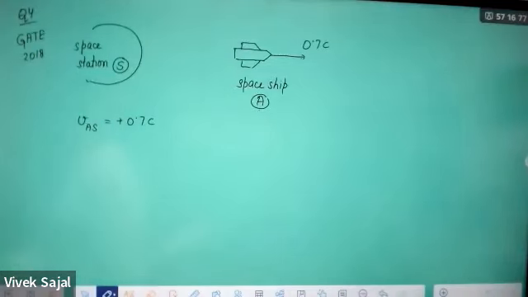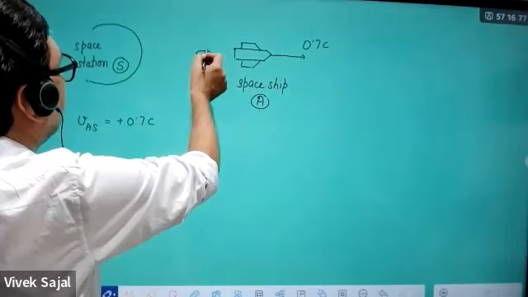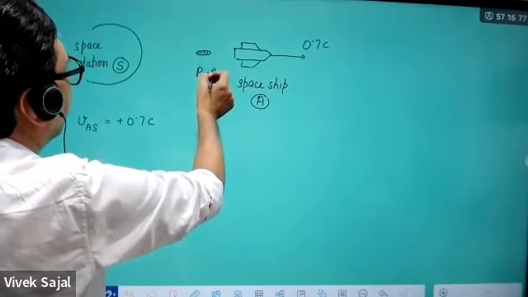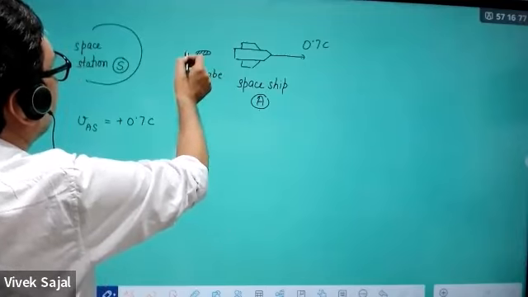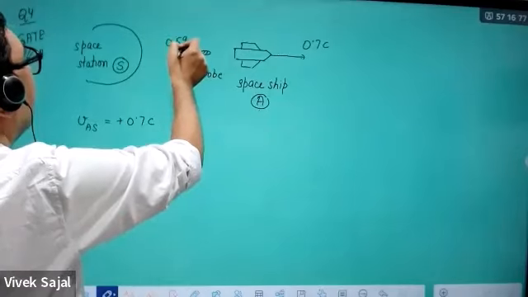The spaceship ejects a probe with a velocity of 0.59 c opposite to its own velocity. So there is a spaceship, and it ejects a probe. The probe is moving in the opposite direction with a velocity of 0.59 c.